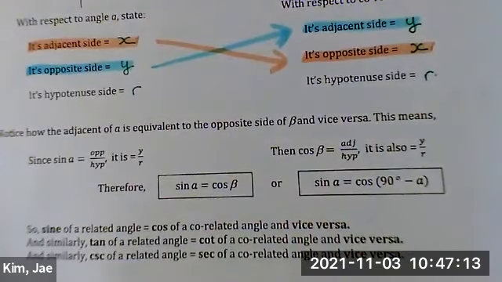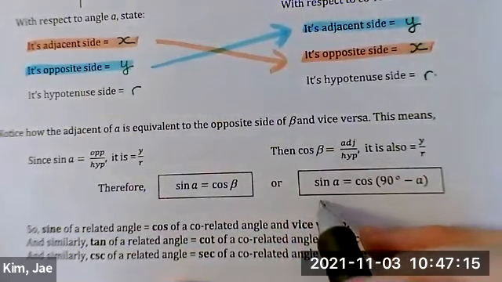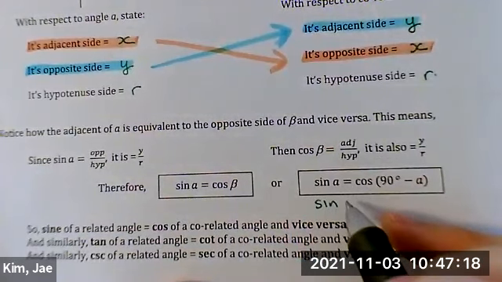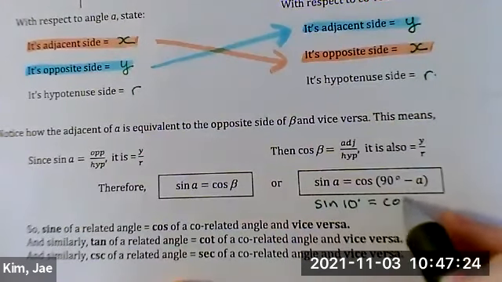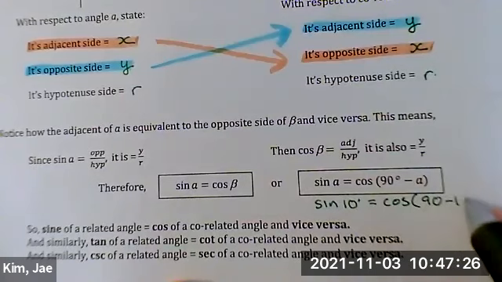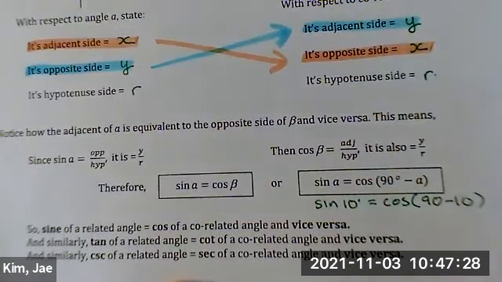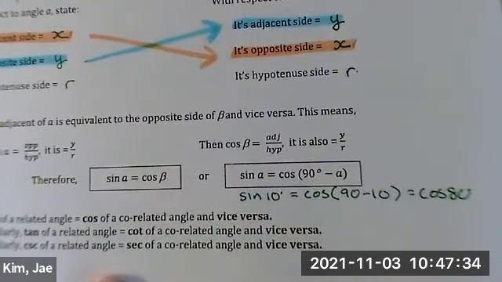As an example, sine of some obscure angle, 10, is equal to cosine of 90 minus 10, which is 80. Right? Give me any angle between 0 and 90, and we can make this work.